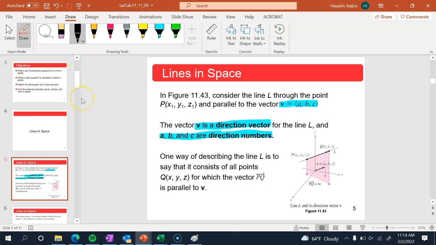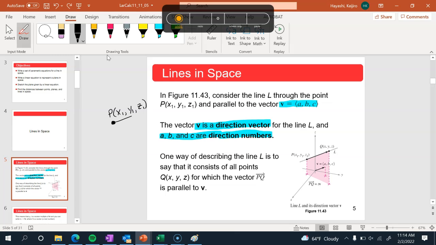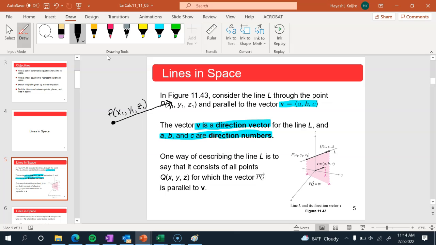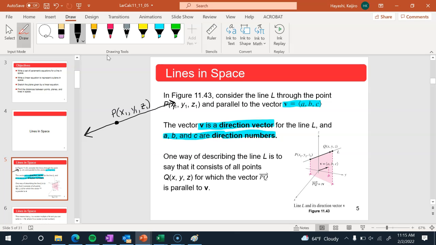So one way to think of it is that there is a point that the line has with a particular X, Y, and Z, and that it just goes off in the direction parallel to a particular vector forever in this direction and forever in this direction. And it's a straight line, so that direction is always going to be the same, and it's always going to be parallel to the direction vector.